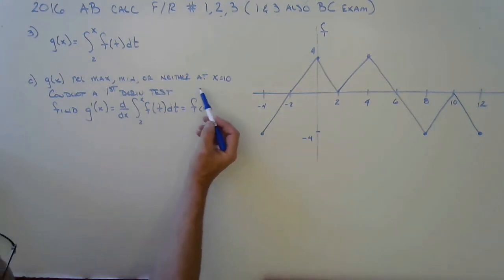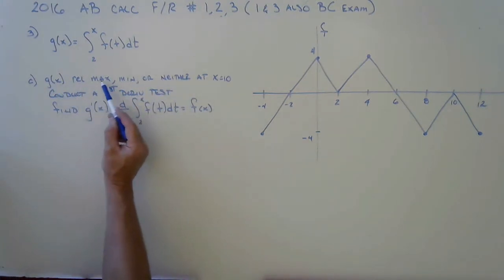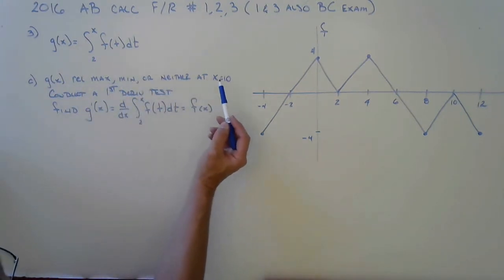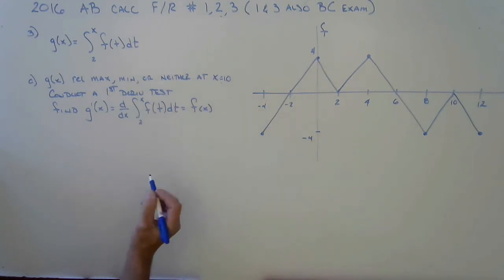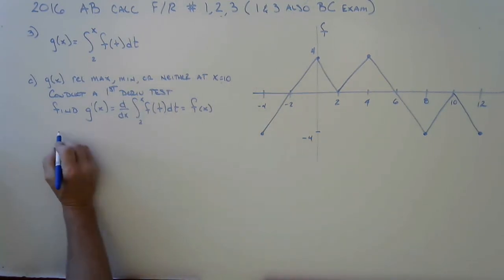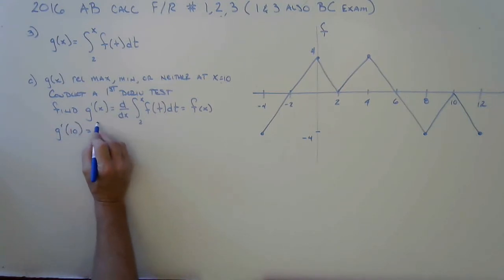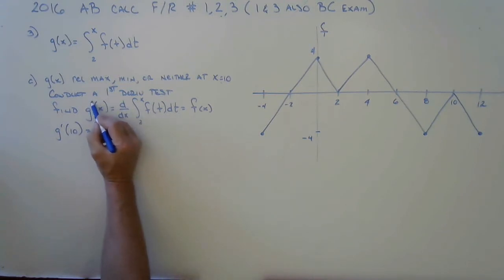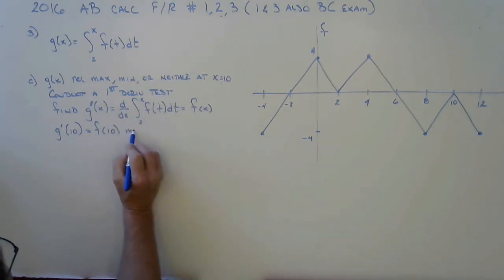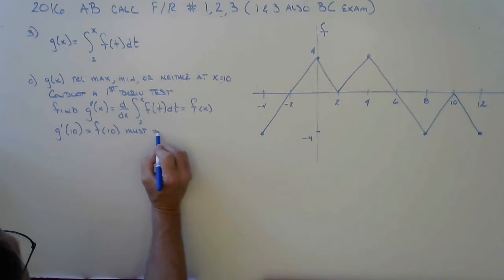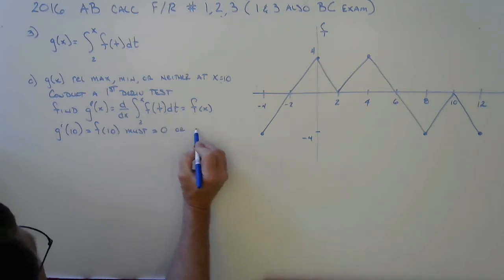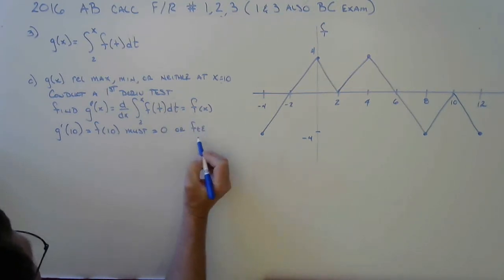So, if we're going to have a relative min or relative max at x equals 10, x equals 10 has to be a critical value. In other words, g prime of 10, which is f of 10, right, g prime equals f, must equal 0 or fail to exist, right?